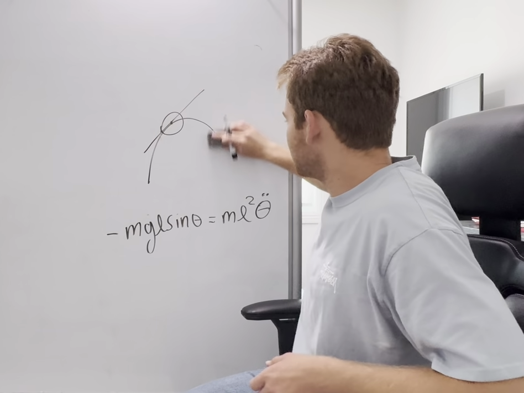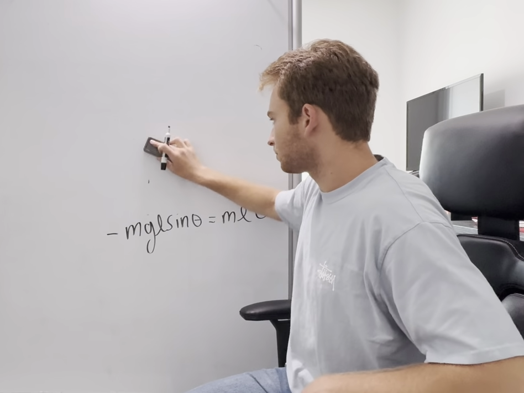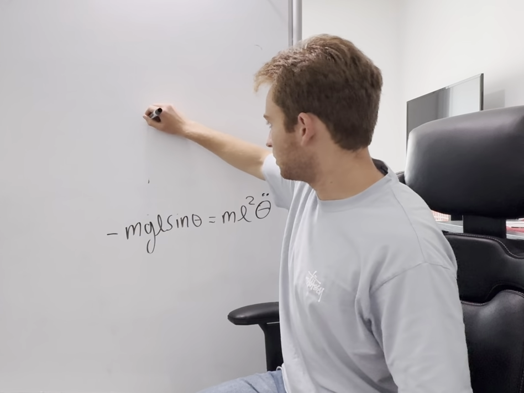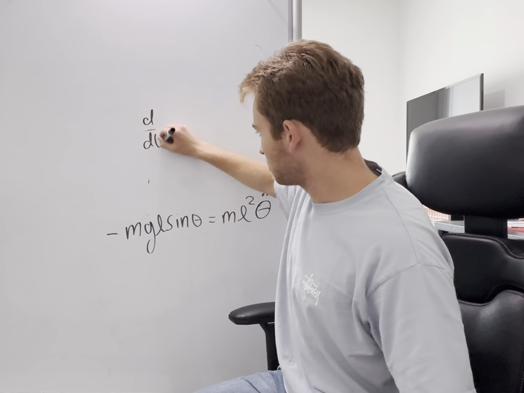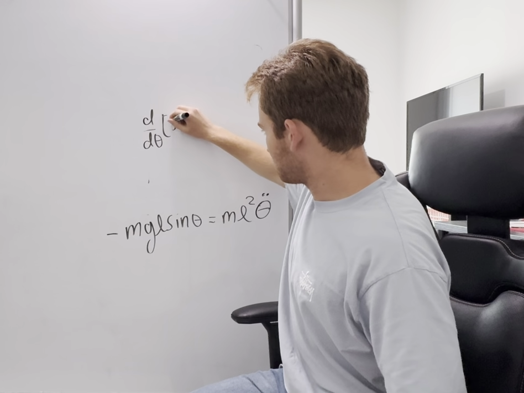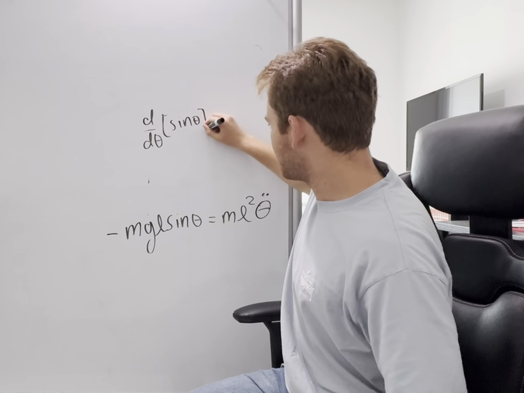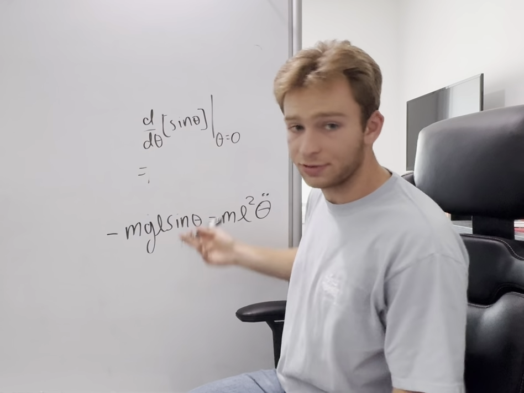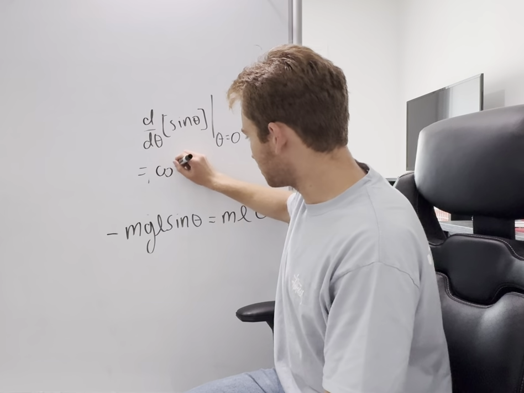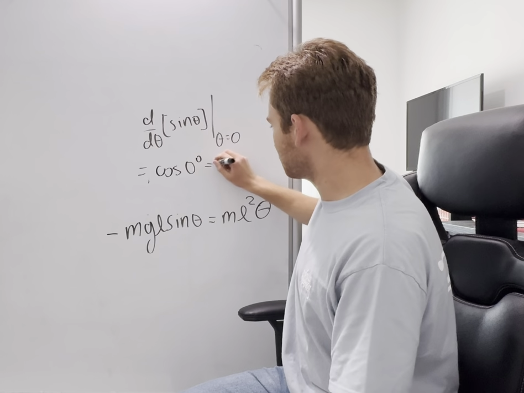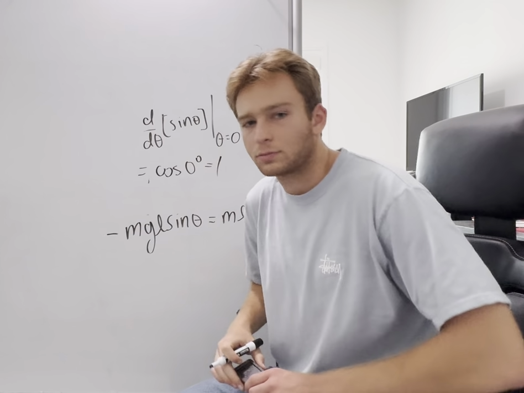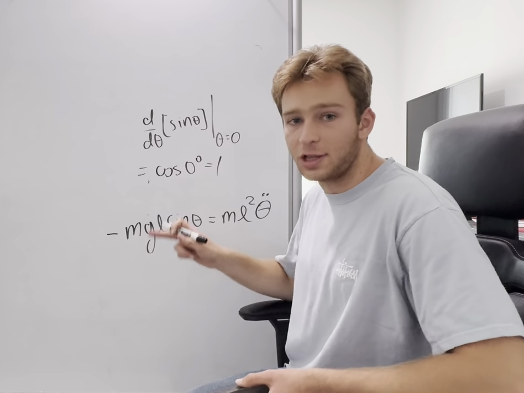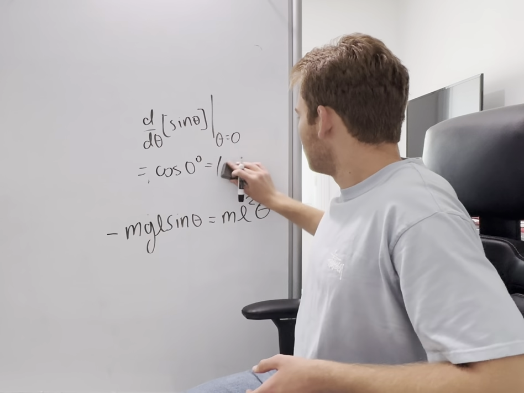Now, it's the same thing for sine theta. The derivative of sine theta at theta equals 0 is just, well, the derivative of sine theta is cosine, so it's just cosine of 0 degrees, which is equal to 1. And so that means the slope of the line is going to be 1.